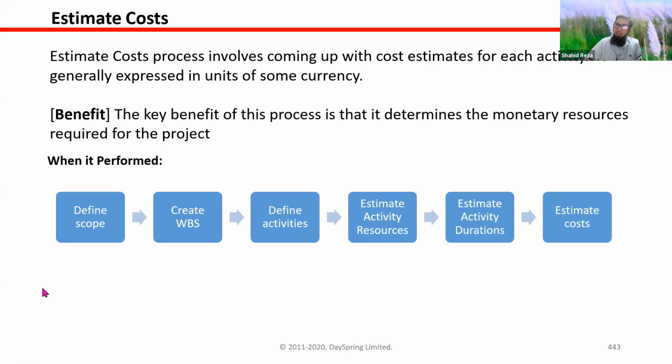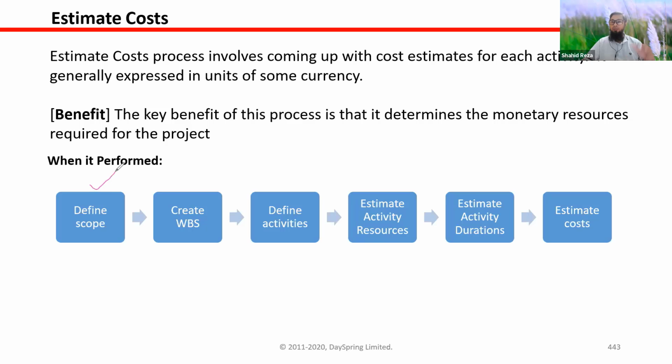Next, we are talking about estimate cost. The next process, estimate cost. I have already given you the high level concept. That means we have to estimate cost for every activity, every task of every work package, every WBS component of the whole project. So the sequence will be like this.